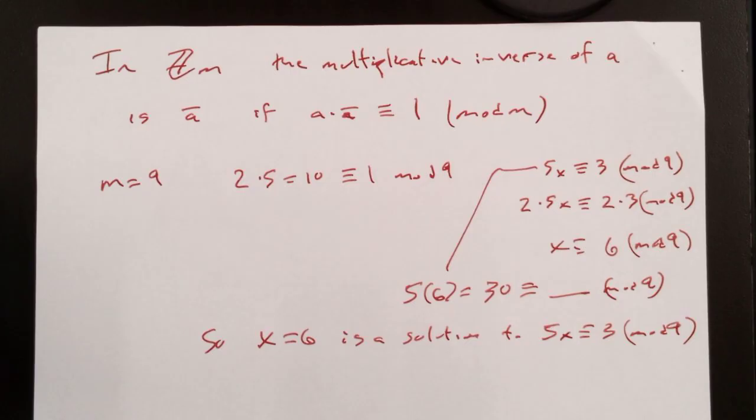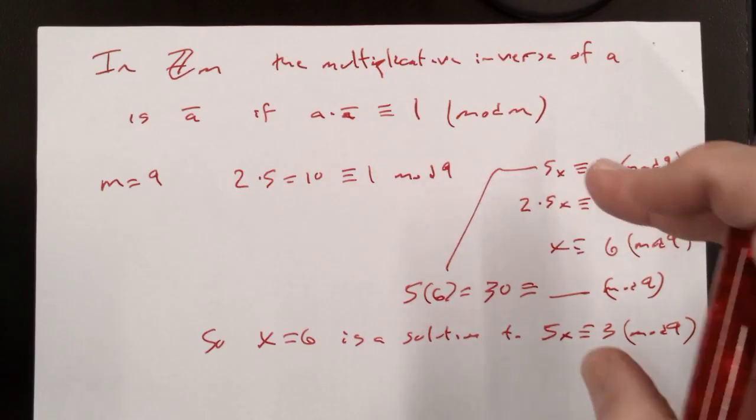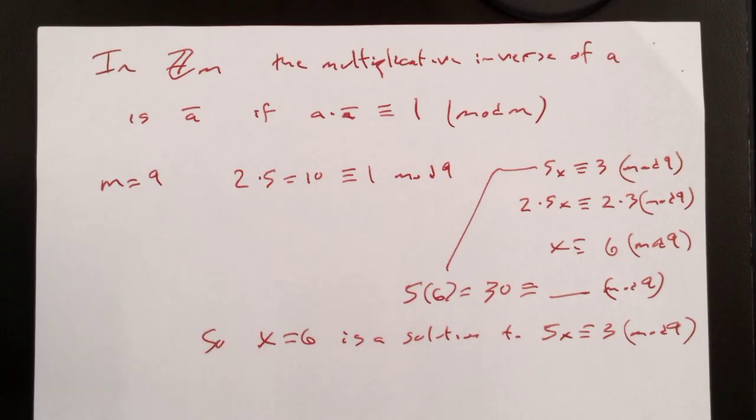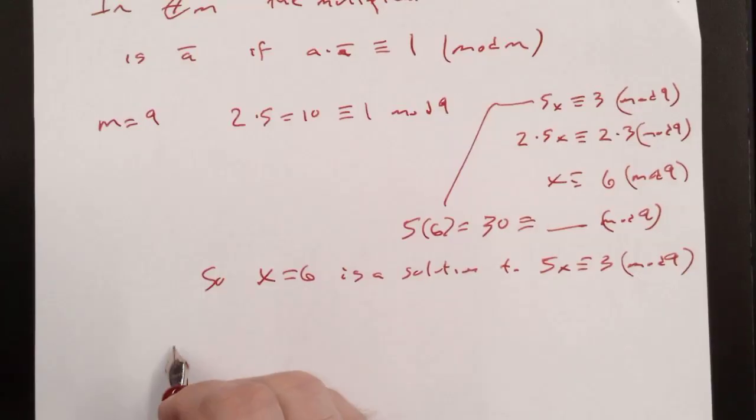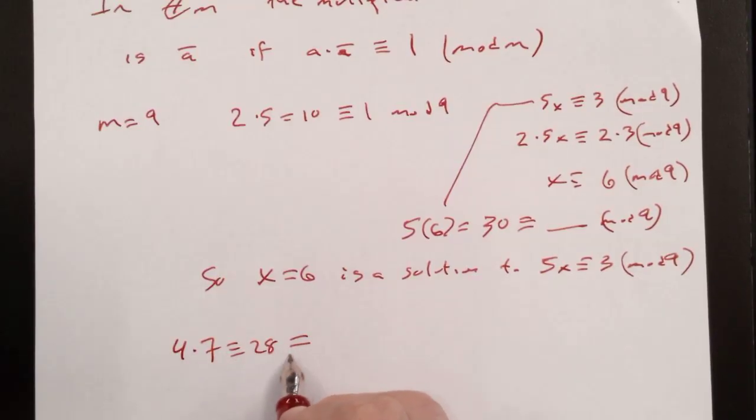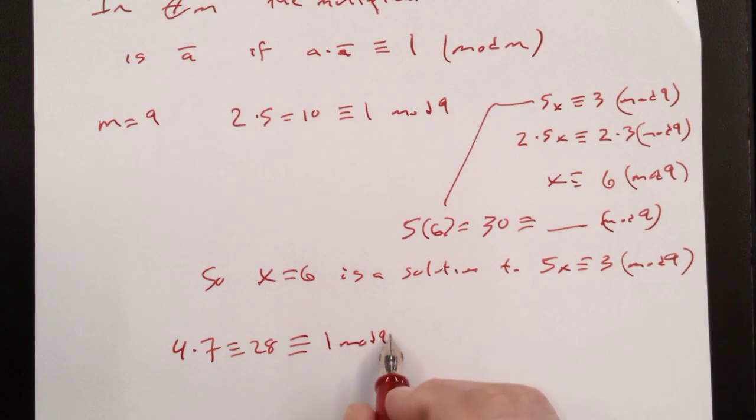Because I knew there was an inverse. As a matter of fact, if I'd had a 2 here, I could have multiplied by 5, right? If I had an equation, 4 times 7, 4 times 7 is 28, that's also congruent to 1 mod 9.